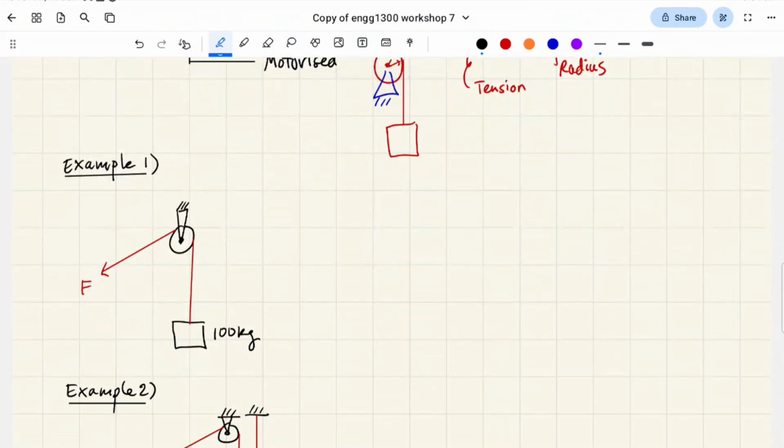So here's a fixed pulley, right? And there's this rope which goes around here like this. And on one end of the rope, we have a box which is like 100 kilos, for example. And it's like, okay, how much force do we need to pull this box up? If you analyze it, you'll just know pretty much that this force will be equivalent to the tension, which is going to just be mg.